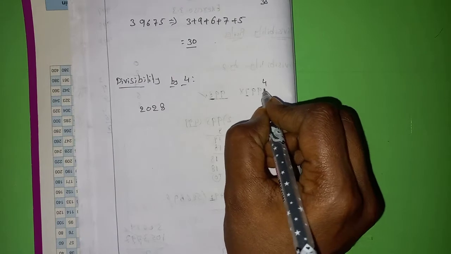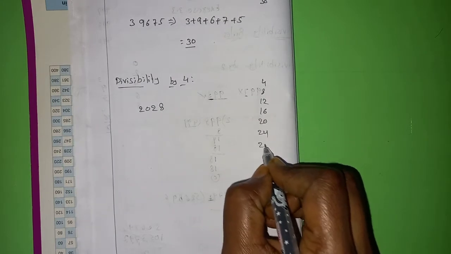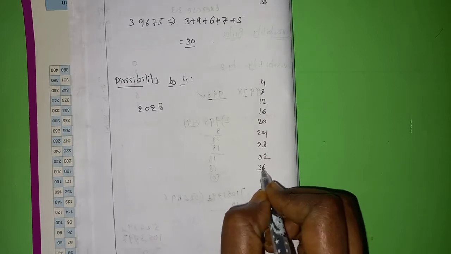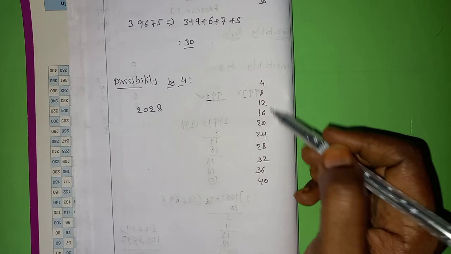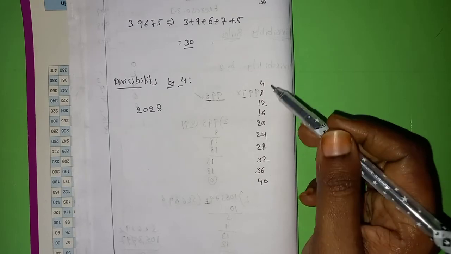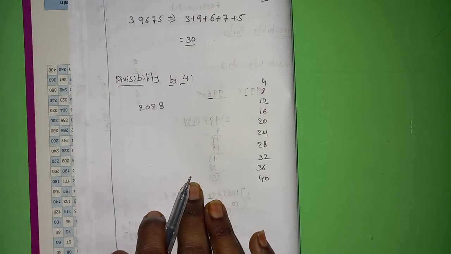Here also, write the 4 table. Actually, you don't need to write the 4 table, you just have to remember this. That is the reason you have to learn the multiplication table very well. If you know the tables, you can do anything.